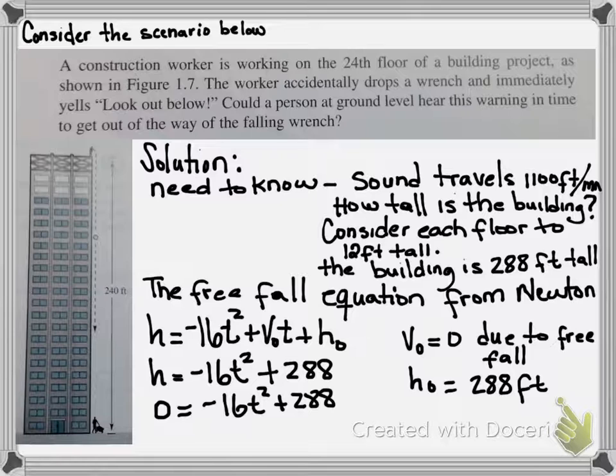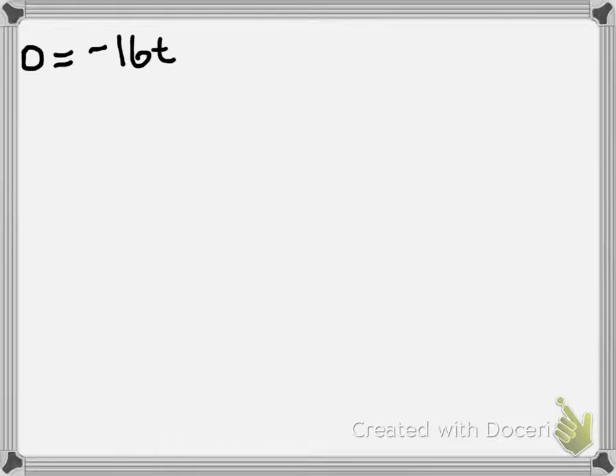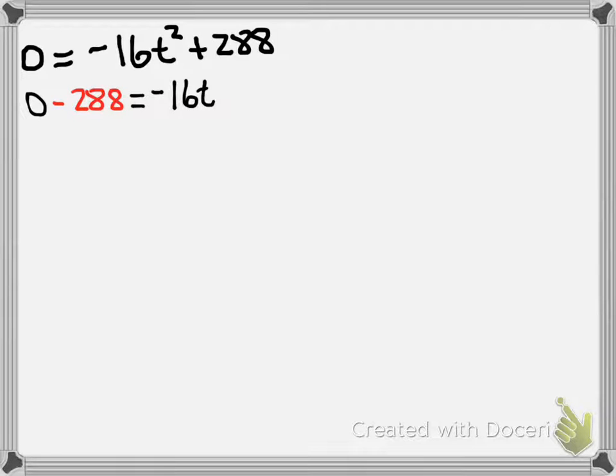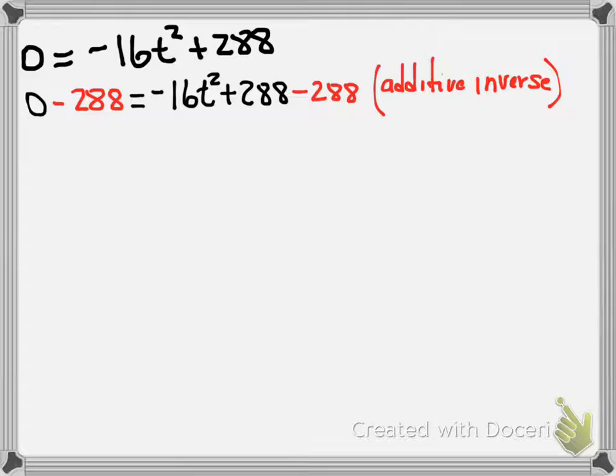In this case, we can do the additive inverse of 288. Let us rewrite the equation here. If we do the additive inverse of 288, we get negative 288 on both sides of the equation. So we end up with negative 288 equals negative 16t squared.